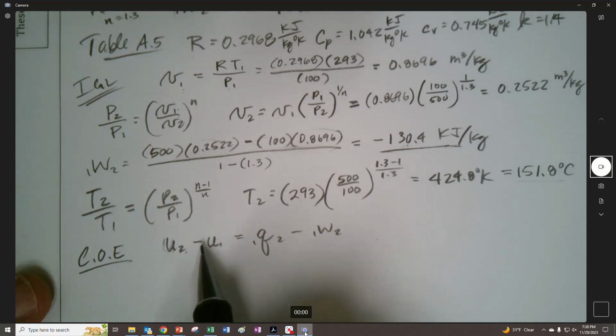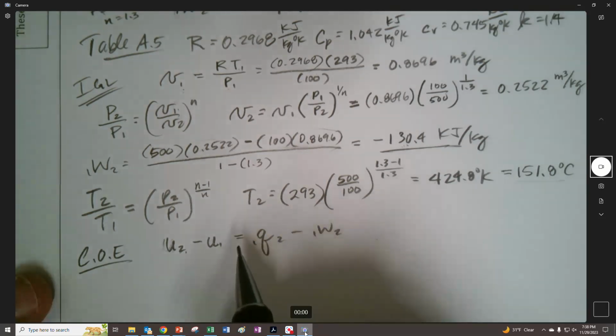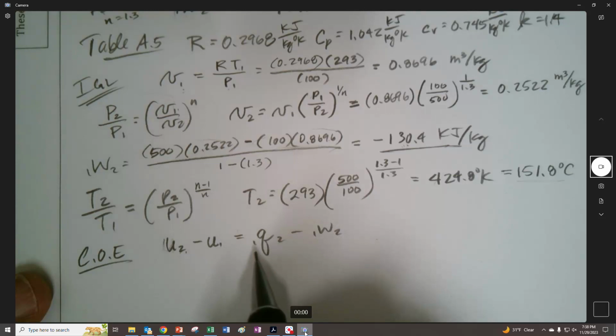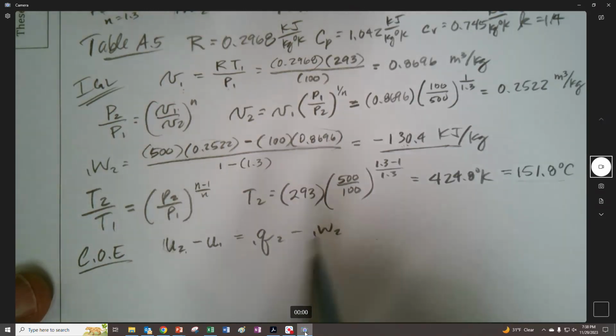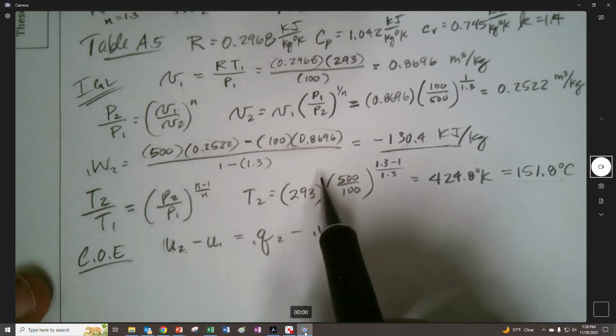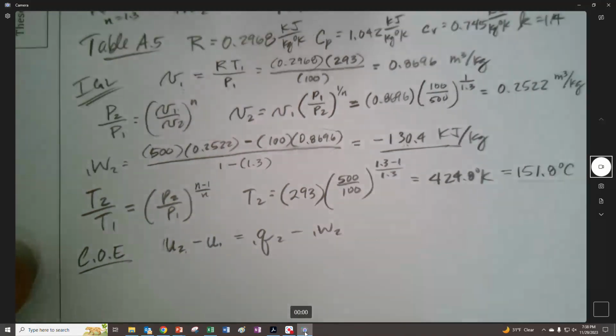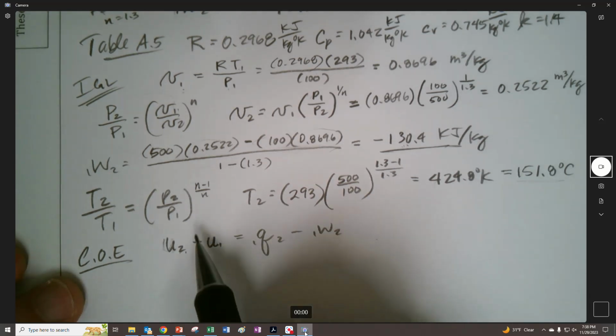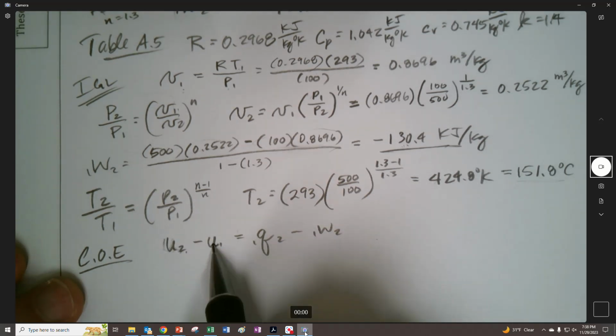We have an alternative approach if we would like to do it. But I'm going to go ahead, as we mentioned in the last class, we haven't assumed constant specific heat yet. This is for an ideal gas, but in terms of the equations that we've used, we have not established that it has to be constant specific heat. But we get down to this point right here, we have a choice.